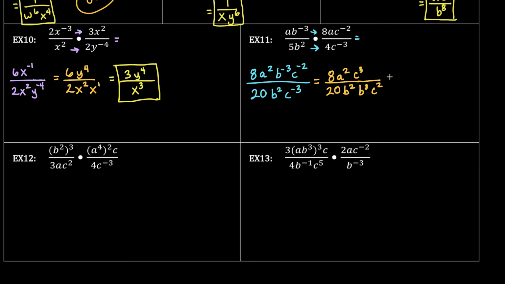All right, that's a lot going on. So 8 divided by 20, divided by 2 is 4, divided by 2 is 10. I can do more. Divided by 4 is 2. Divide by 4 is 5. So A to the second, there's only 2 of them on top.